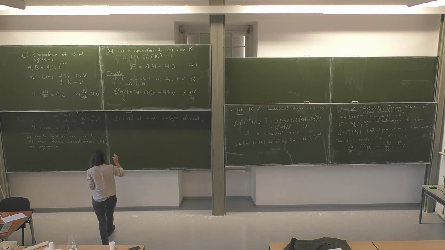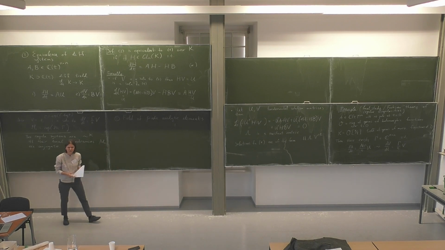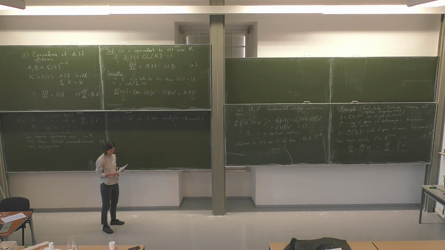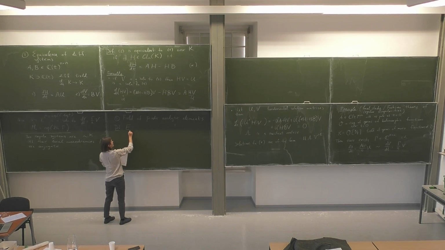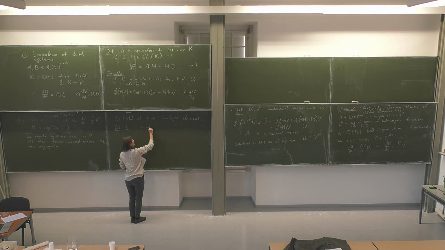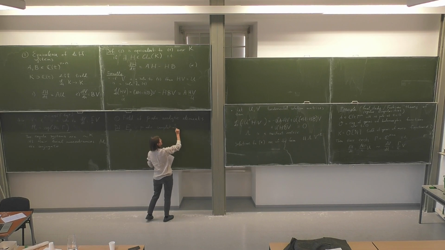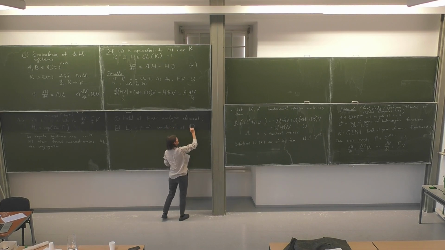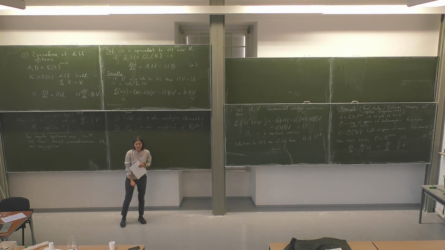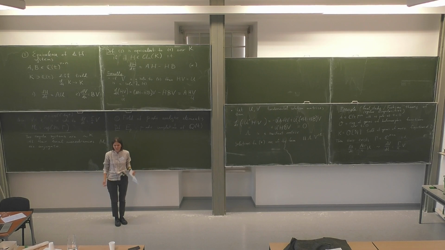Okay, so let's talk about something completely different for the moment. I will come back to equivalence. This field of p-adic analytic elements, by definition, will be denoted by EP, and this will be the p-adic completion of the field of rational functions with rational coefficients in the most naive and intuitive sense.